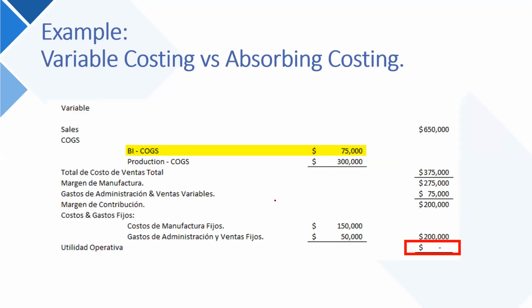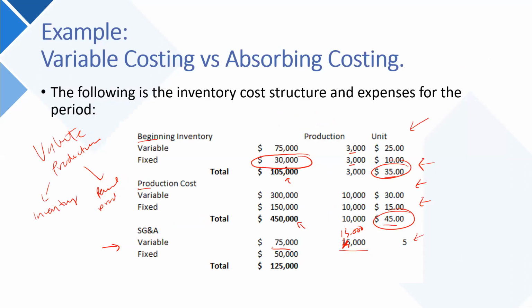But now let's see the variable. So in the variable, we do the same. We have 3,000 units that need to come back to the income statement. But now they cannot come back at 35, because at 35, it includes both variable and fixed costs. And because we are doing the variable, of course, we're only going to include the variable cost.